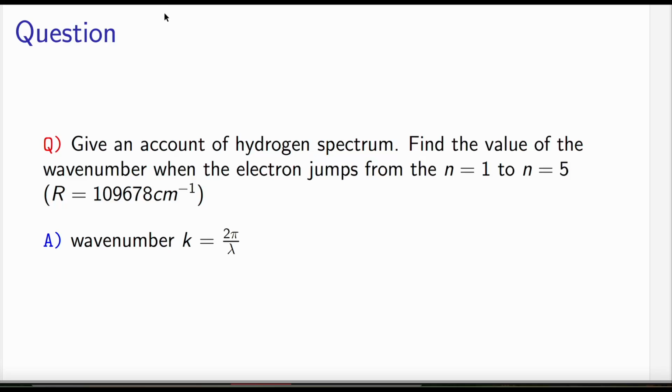In the last class, we did hydrogen spectrum, and we will continue with our topic.